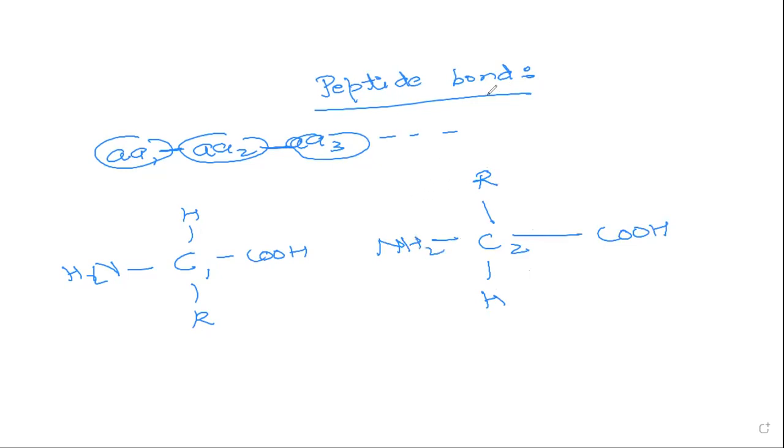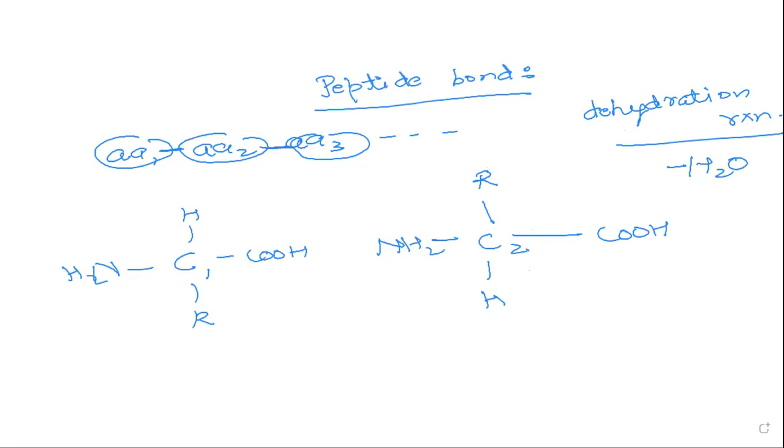Now, to form a peptide bond, these amino acids have to go through a reaction called a dehydration reaction. Now, what is a dehydration reaction? A dehydration reaction is a reaction which involves loss of a water molecule.